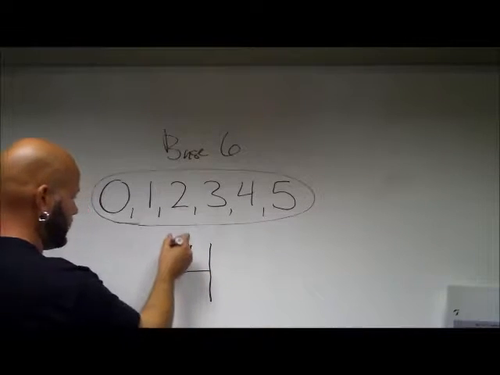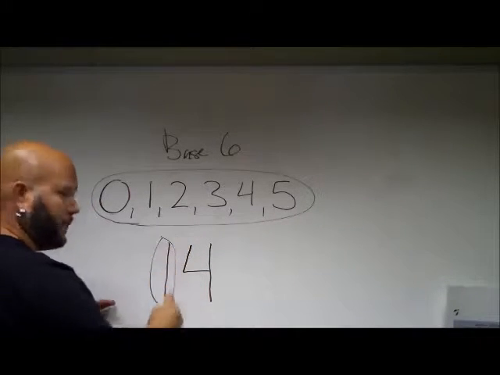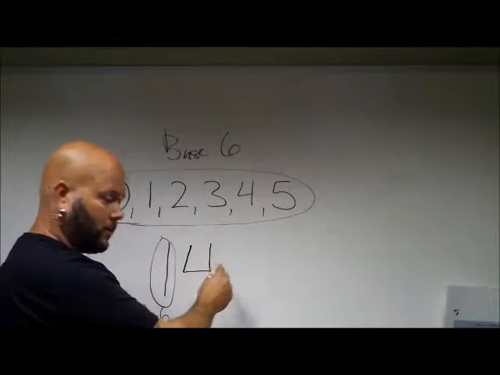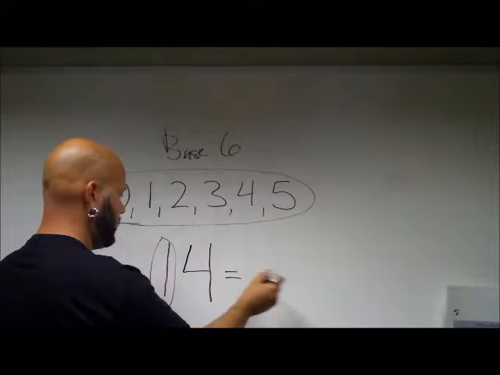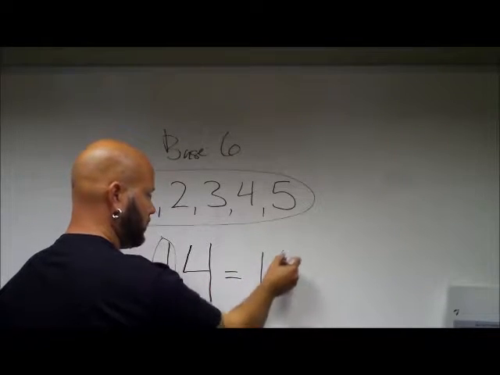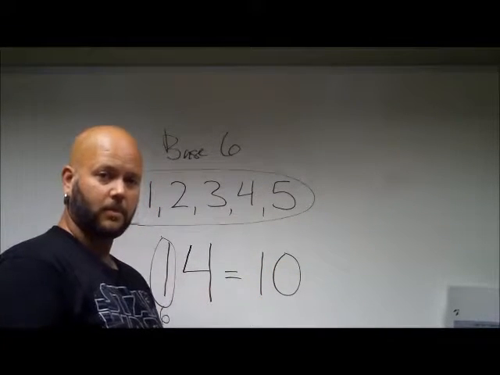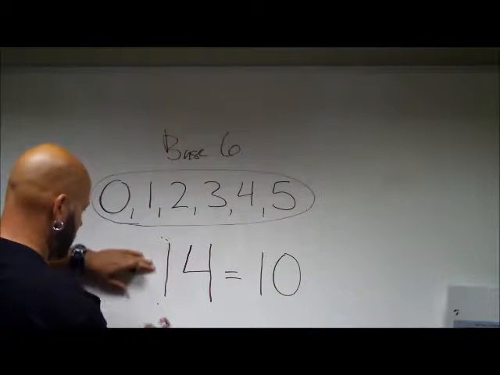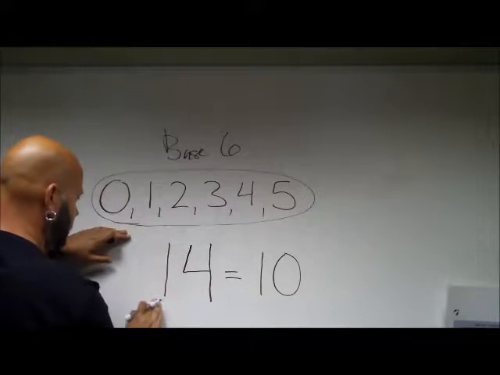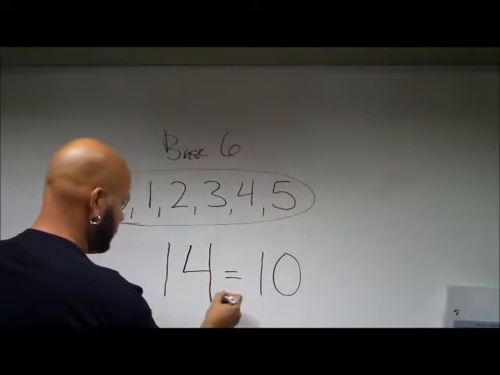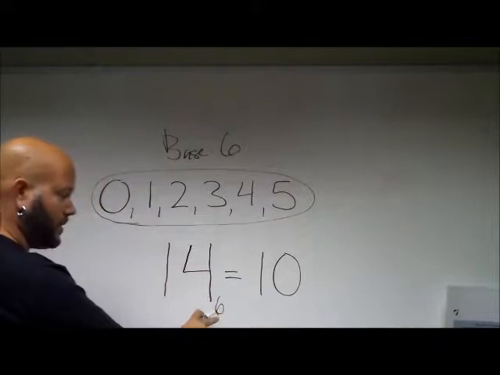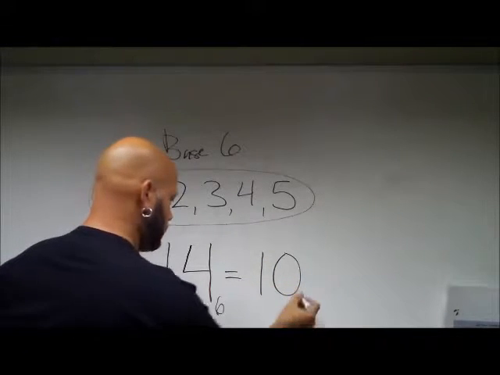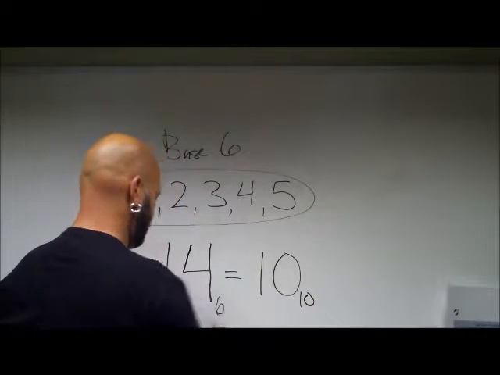So what this means is one group of 6 with 4 remaining equals what we call 10 in base 10. But in base 6, we would write it as 14. 14 in base 6 equals the number 10 in base 10.